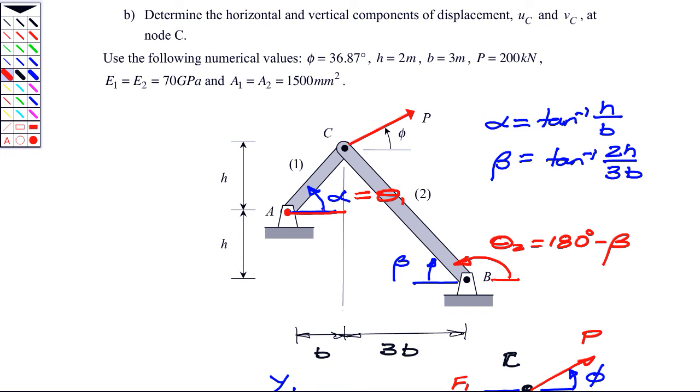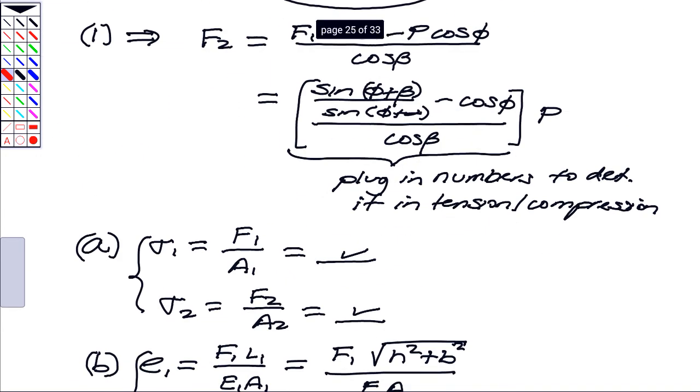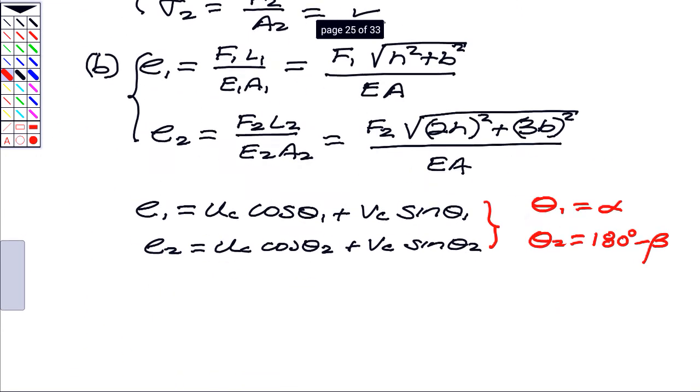So theta 1 is measured counterclockwise there at the base. Same way here for member 2. We go back to its base point there, B. We measure from the positive x direction in a counterclockwise sense, and theta 2. Very specifically it has to be that in order to use those compatibility equations that I wrote down here.